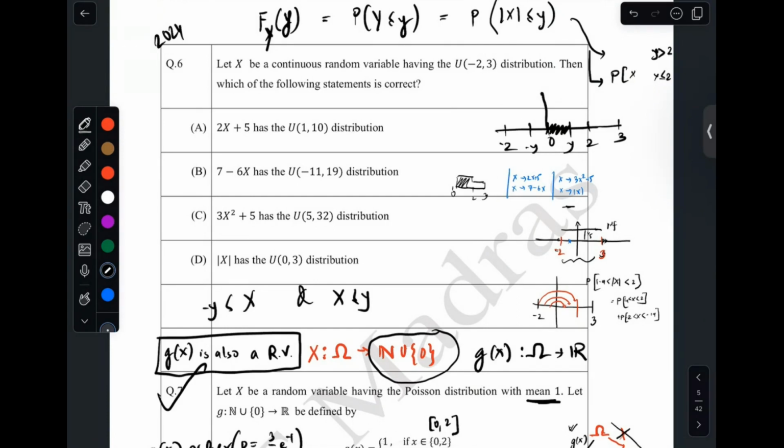Therefore probability mod x less than or equal to y is nothing but probability x less than y and greater than minus y, for y less than or equal to 2. Now for y greater than 2 it will be different. For y greater than 2 it will be just probability x less than y and greater than 0.